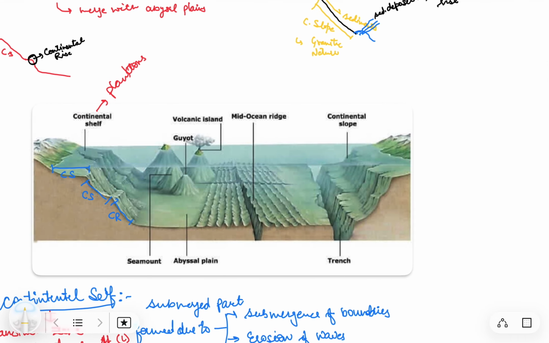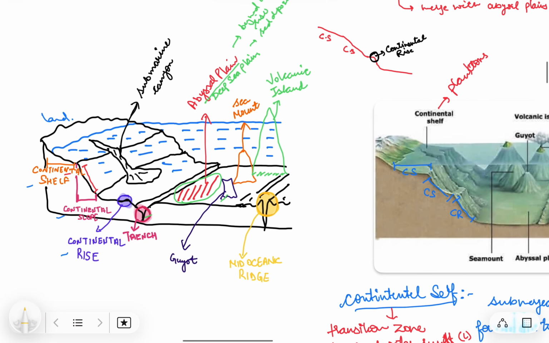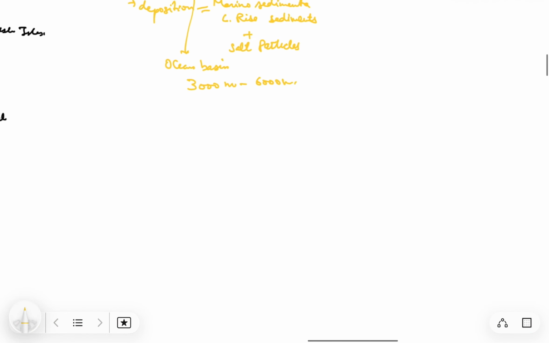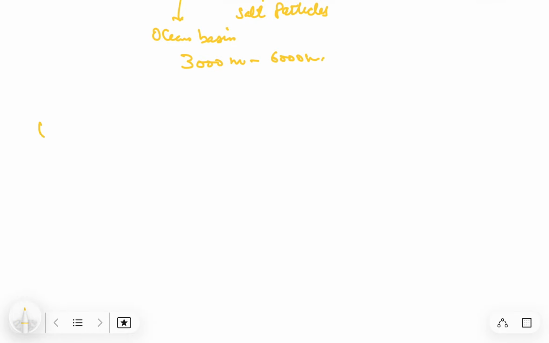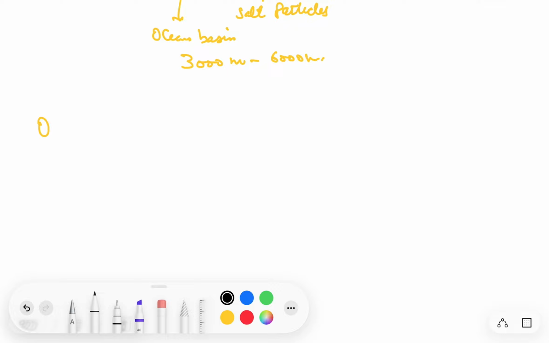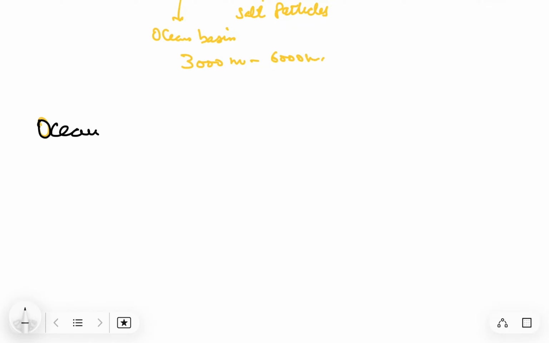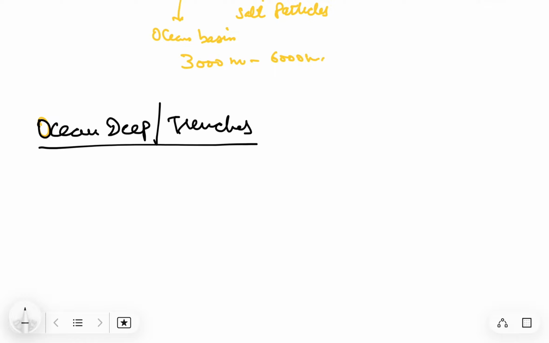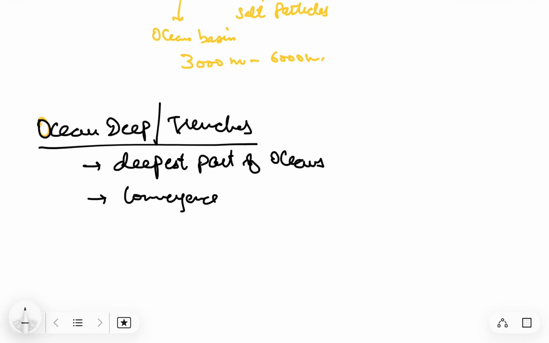Next we have the deep trenches, the deepest part of the oceans.